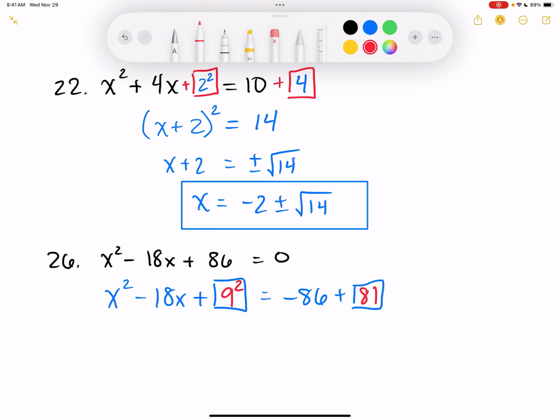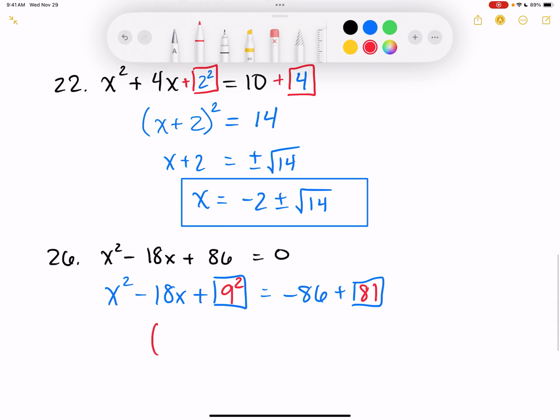So then on this side, this factors into what? X minus 9 squared equals negative 5. Take the square root of both sides. So x minus 9 equals plus or minus the square root of negative 5.